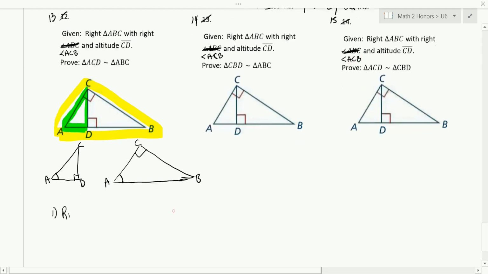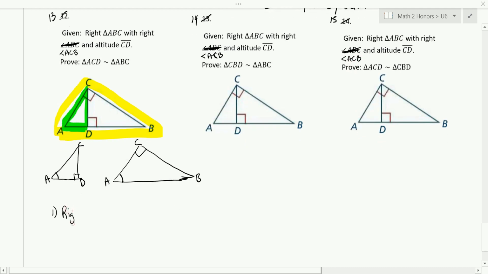Okay, so we're given that we have a right triangle, angle ACB is a right angle, and CD is an altitude. You guys remember what an altitude is, right?